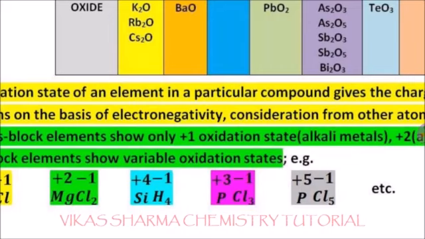Another is phosphorus pentachloride: chlorine is -1, chlorine is more electronegative than phosphorus, so phosphorus shows the +5 oxidation state.